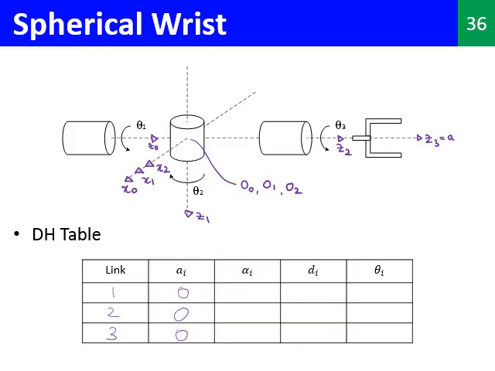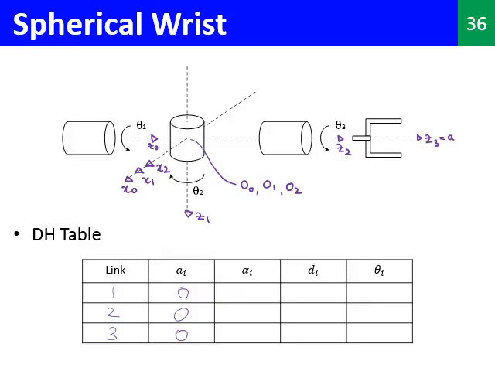Okay, so alpha is the angle between the z-axes. So alpha 1 is the angle between Z0 and Z1. So we have Z0 here, Z1 there. So the angle should be 90 degrees. So we have to check whether that is plus 90 or minus 90.